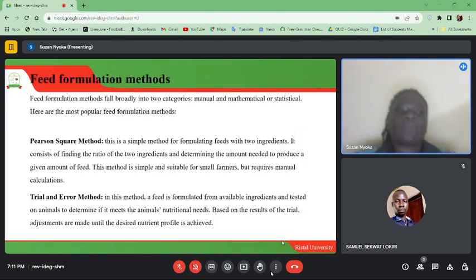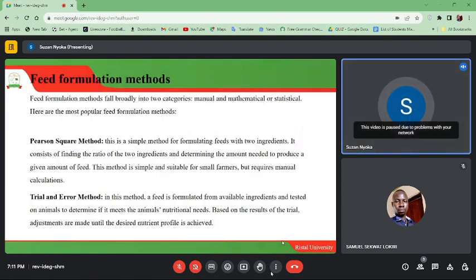And feed formulation methods. Feed formulation methods fall broadly into two categories, that is the manual and the mathematical or statistical. Here are the most popular feed formulation methods. One is the Pearson square method. This is a simple method for formulating feeds with two ingredients. It consists of finding the ratio of the two ingredients and determining the amount needed to produce a given amount of feed.